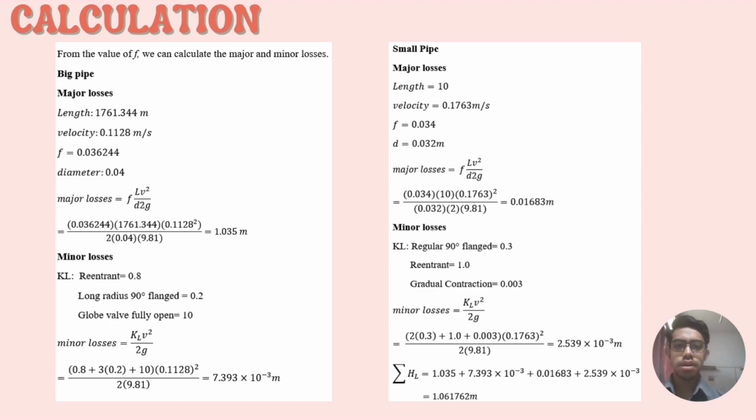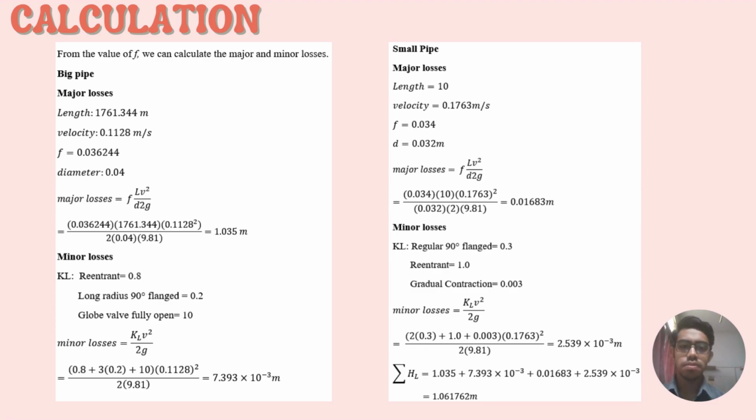Next, we need to calculate the major and minor losses for the small pipe. The length of the small pipe is about 10 meter, and the velocity is 0.1763 meter per second. The friction factor is 0.034, and the diameter of the pipe is 0.032 meter.